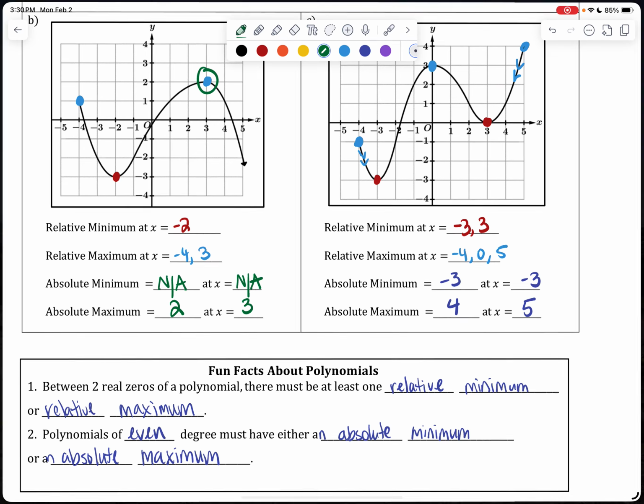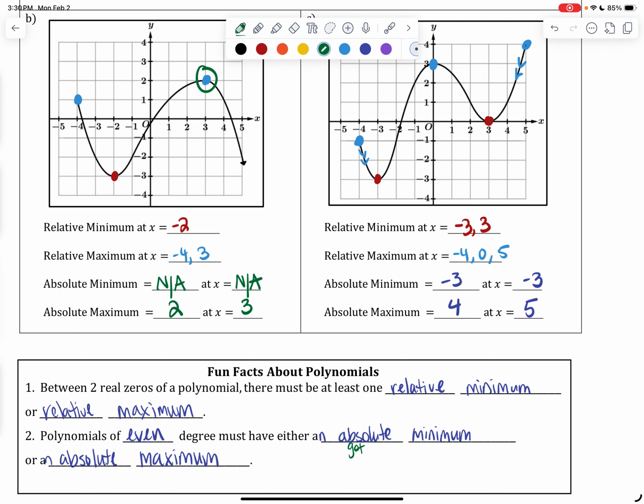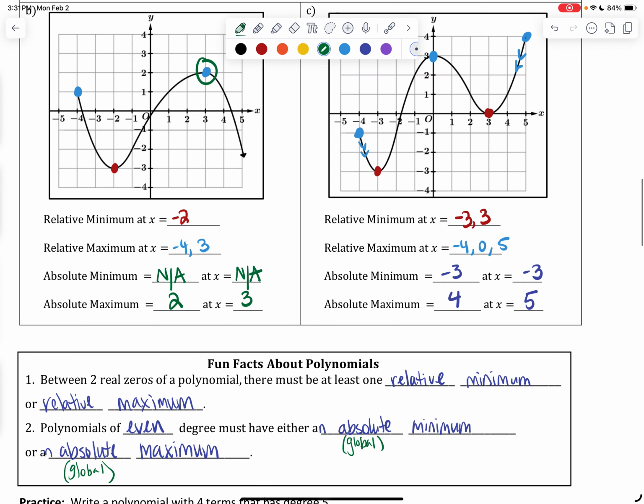And remember, global means the same thing, global minimum or global maximum. Because polynomials of even degree, think about quadratics, even degree, 2, 4, 6, 8. So quadratics and quartics we're pretty familiar with.